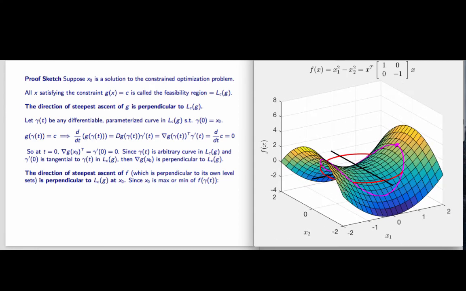I claim the direction of steepest ascent of f is going to be perpendicular to this curve. And in fact, we should see that the direction of steepest ascent is going to be going this way along the spine of the horse, if we think of this as a saddle.